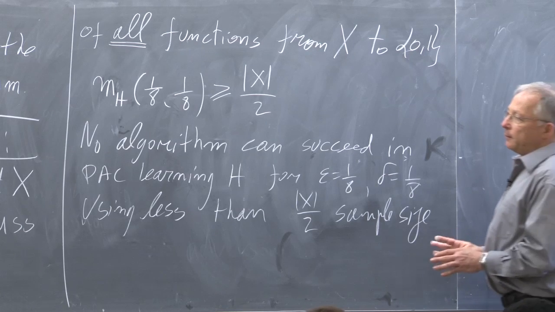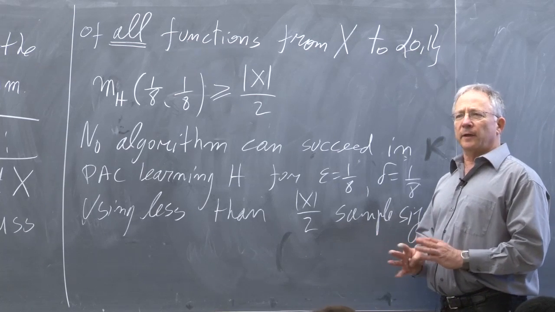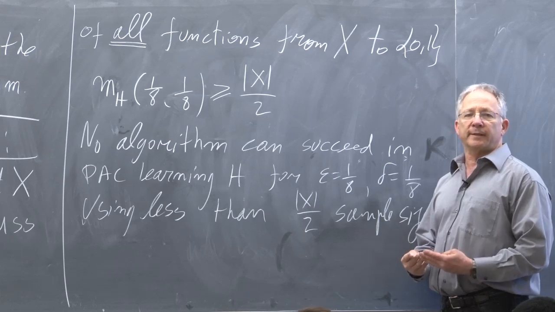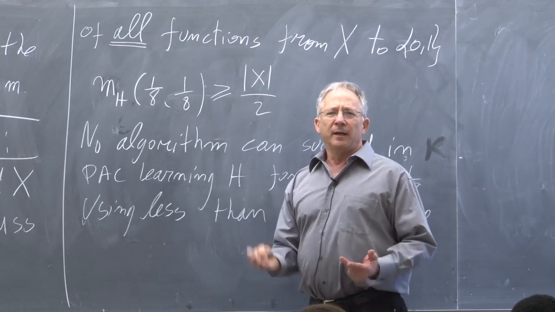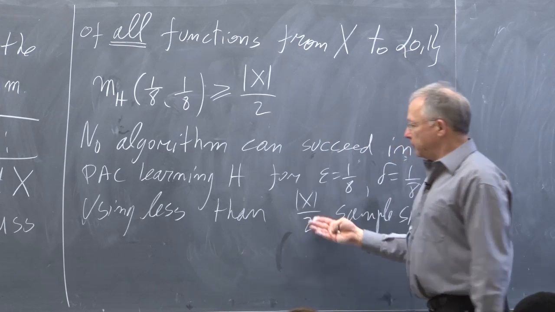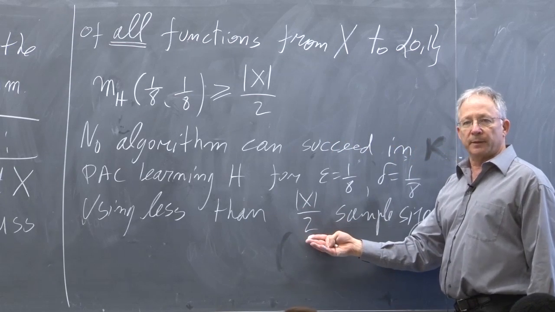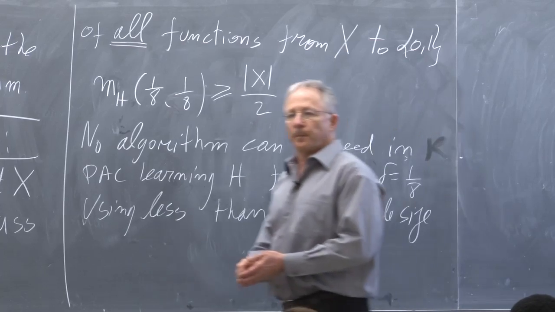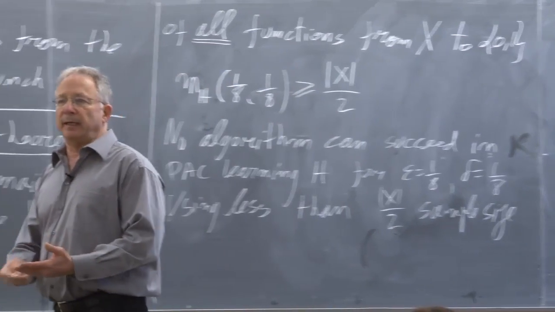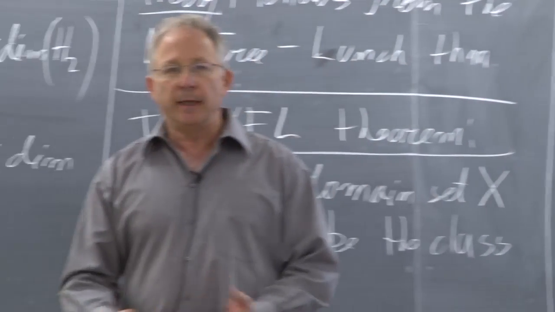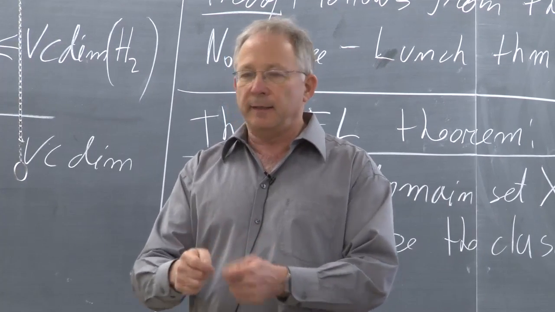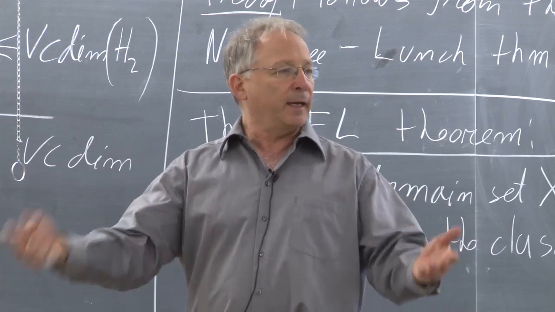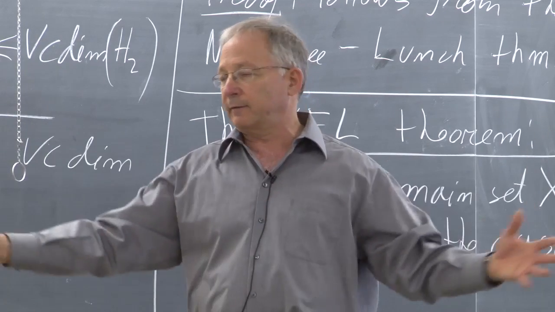Before we even go to the proof, just note that in some sense I view it as saying we cannot learn the class of all functions. I only tell you here that you need |X|/2 many examples. But in some sense, this is the difference between learning and memorization. In learning, we want that from a relatively small sample, I can deduce the behavior over the full set.